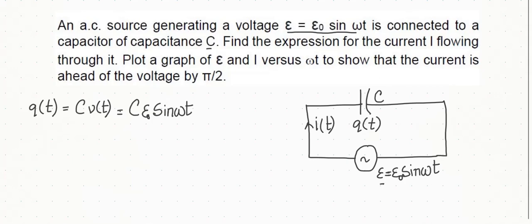Now, if I differentiate this equation, we simply get the current. It is a small i, which obviously changes with time.